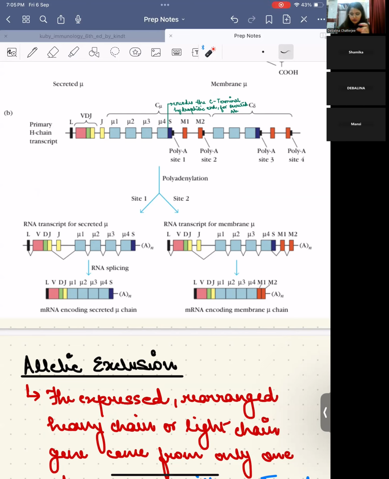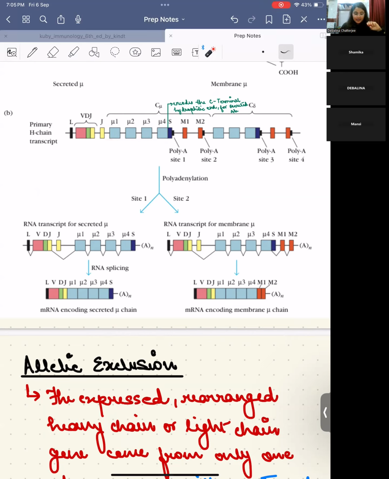Now, if you look here, what is being coded by the CH1 region, say of the antibody IgM, the corresponding transcript is present here. The CH1, CH2 domains that we have discussed in the antibody structure, the corresponding transcript is here.